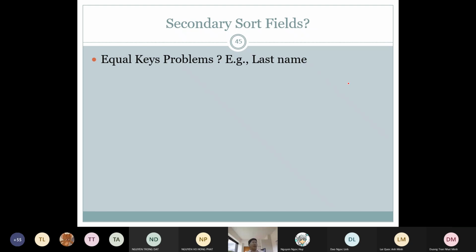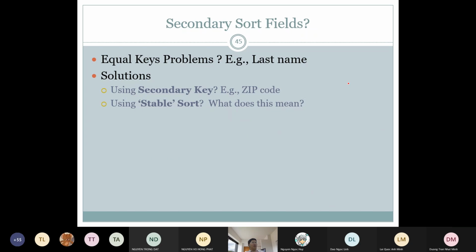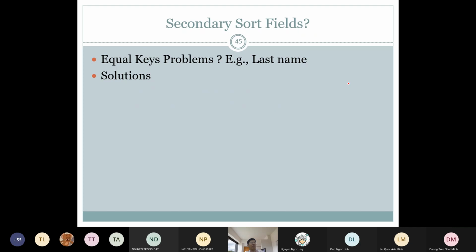This is the secondary sort field. The question is, if I have a sorting problem, maybe as homework, that you have to think about at home. Let's say I want to sort the students in IU by 2 criteria. The first one is by GPA.